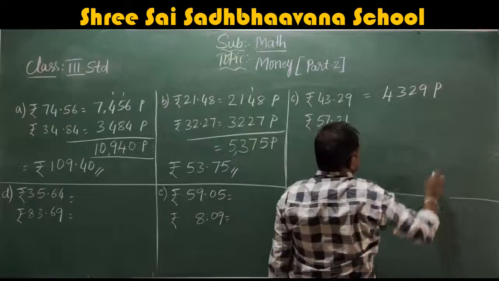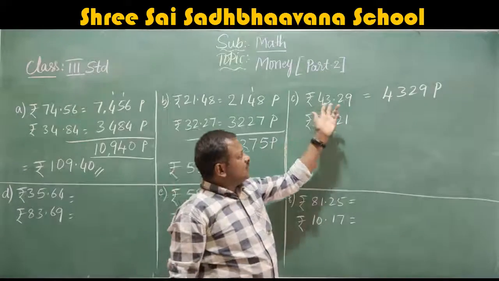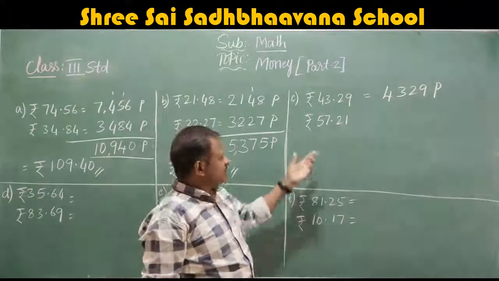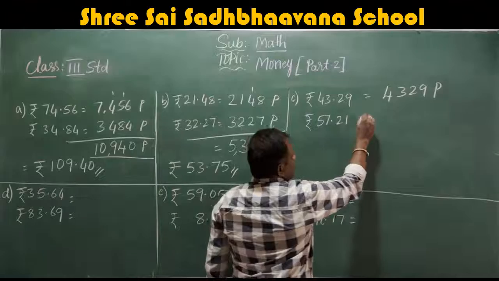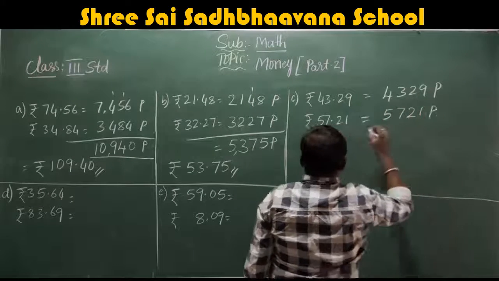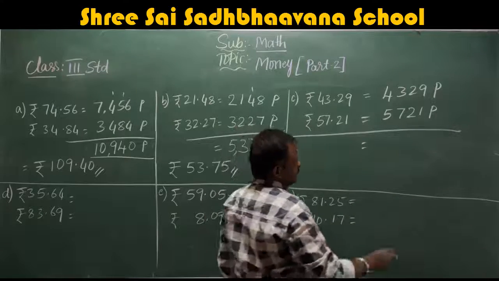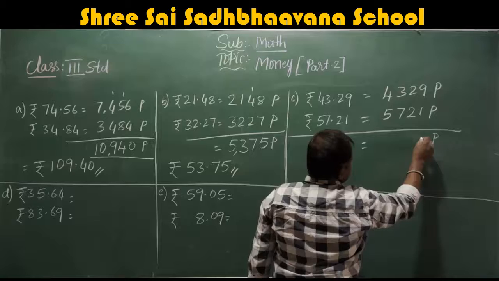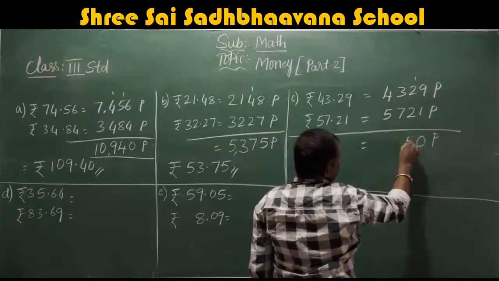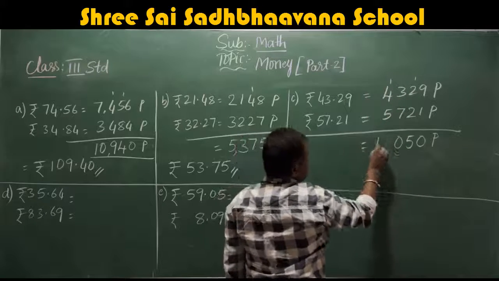Come to here. This rupees 43.29 becomes 4,329 paise. Rupees can be converted into paise. So 43.29 rupees become 4,329 paise. Rupees 57.21 can be written as 5,721 paise. Add. You will get paise as it is 9 plus 1, 10, carry 1, 2 plus 2, 4 plus 1, 5, 7 plus 3, 10, carry 1, 5 plus 4, 9, plus 1, 10.